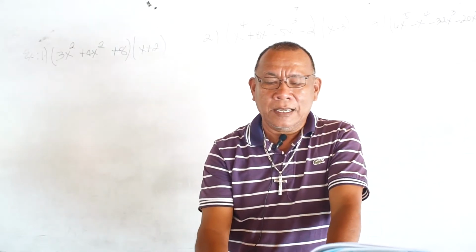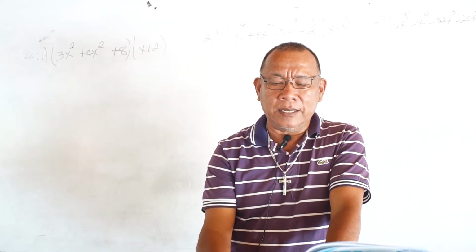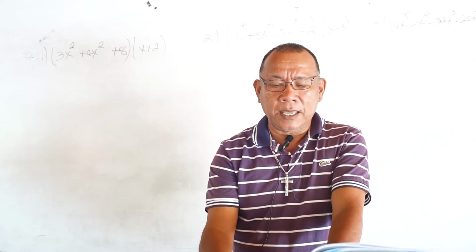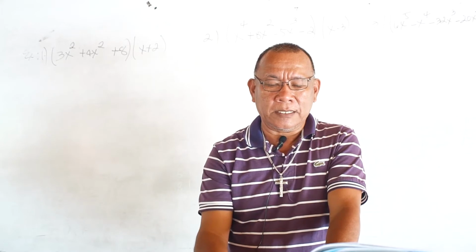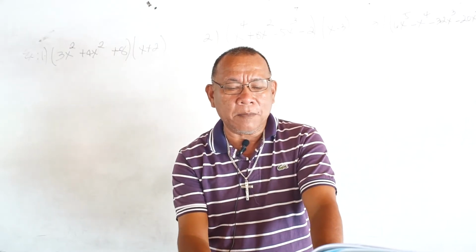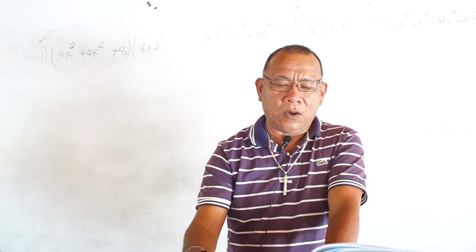Step number 1, arrange the coefficients of p of x in descending powers of x, placing 0 for the missing terms. The leading coefficient of p of x becomes the first entry of the third row.